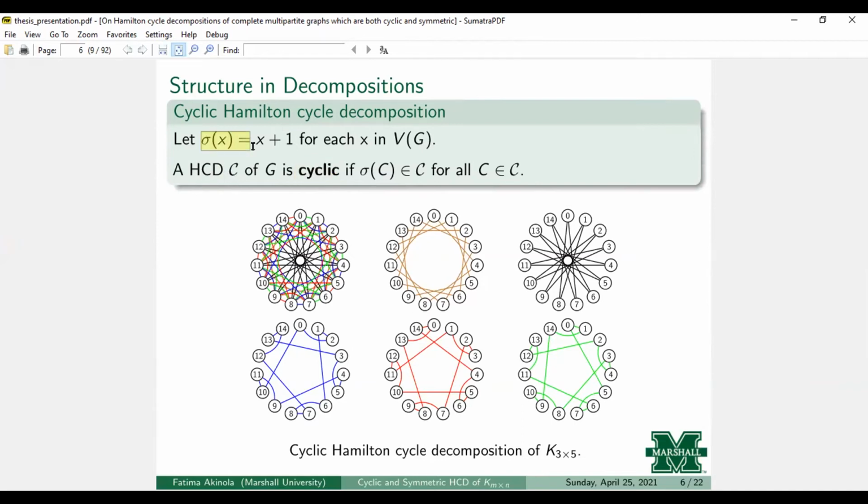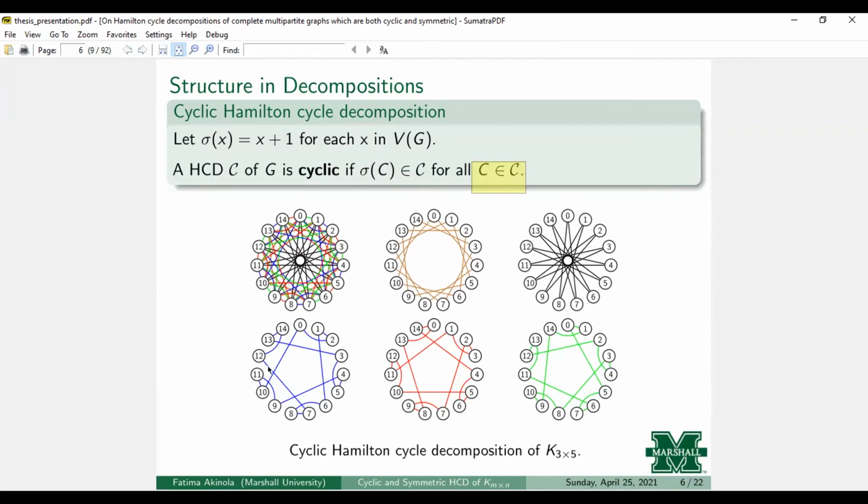Sigma here is a permutation that adds 1 to a vertex. So if you apply sigma to a cycle, you get back another cycle in your set of cycles. A decomposition is just a set of cycles, and this has to happen for all of the cycles in your decomposition. That's when you have a cyclic decomposition.